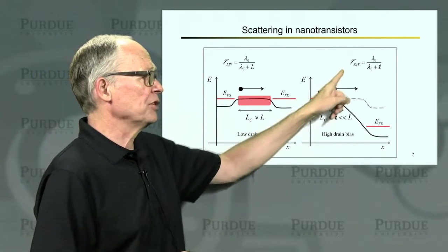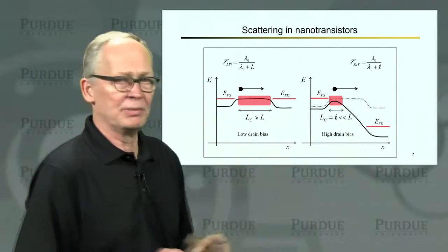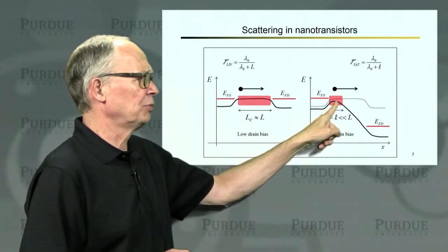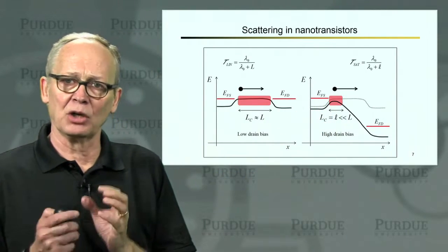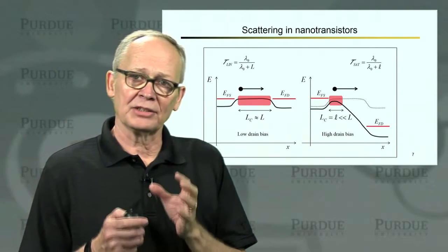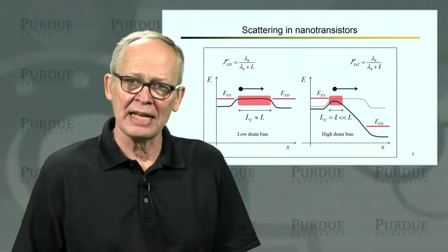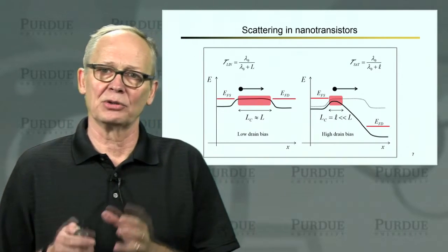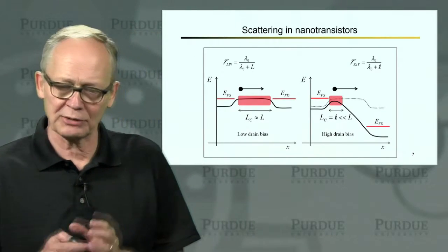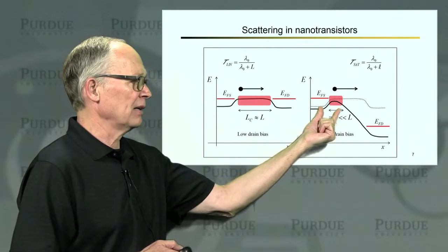Now, in the saturation regime, we pull the energy barrier down. We have a very small region where there's a low electric field. We learned that in a structure like this, a low electric field region followed by a high electric field region, the overall transmission is controlled by the transmission across the low electric field region. That's our little bottleneck region.